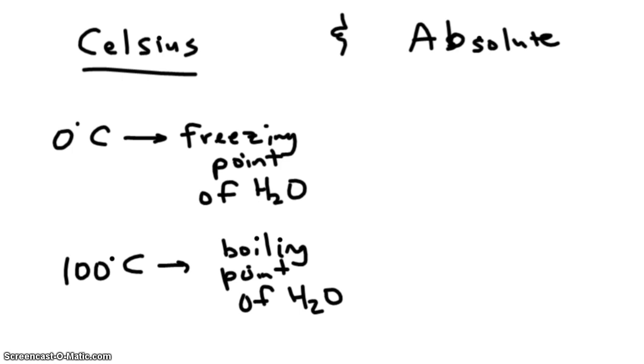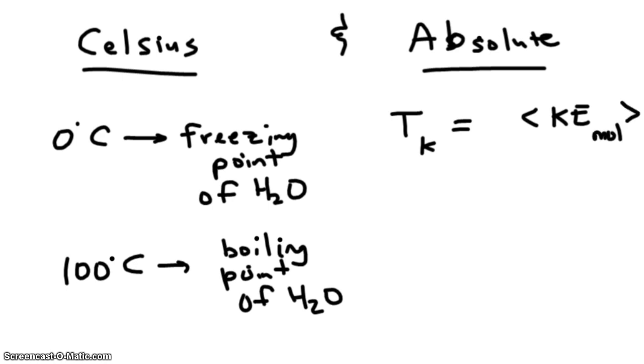The Kelvin scale, designed by Lord Kelvin, is a little bit more complicated. It goes back to what we were talking about earlier. The absolute scale was designed so that the temperature is proportional to the average molecular kinetic energy. In other words, absolute temperature, and we can call it also Kelvin temperature, is proportional to the average molecular Ke.